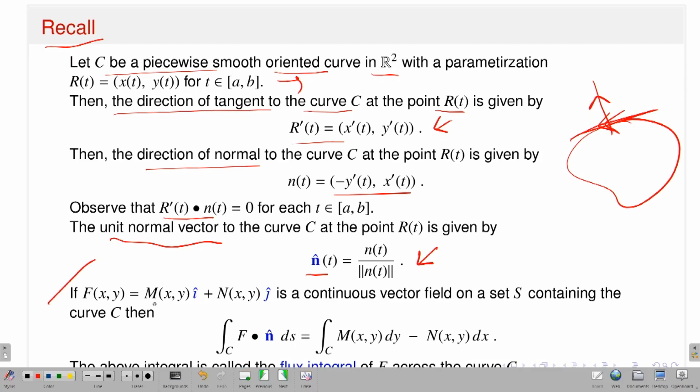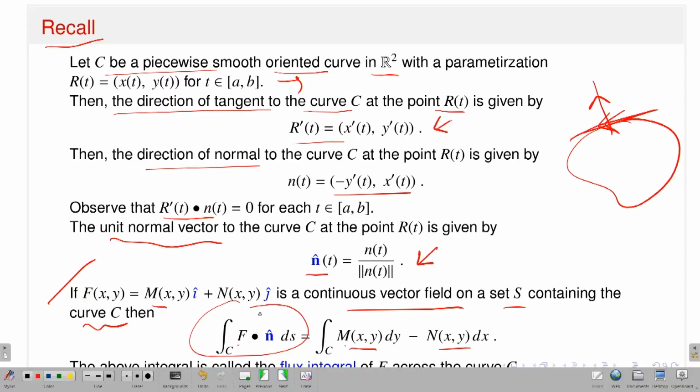Now, if my capital F, which is M comma N, is a continuous vector field on a set S containing my curve C, then the corresponding scalar line integral of F dot n cap ds changes, because this time I am considering the scalar line integral of the normal component of F. There are two components, tangential component or normal component.